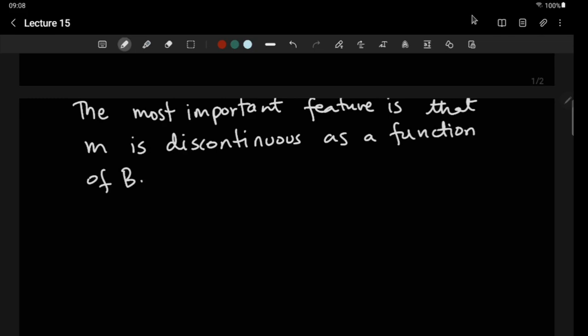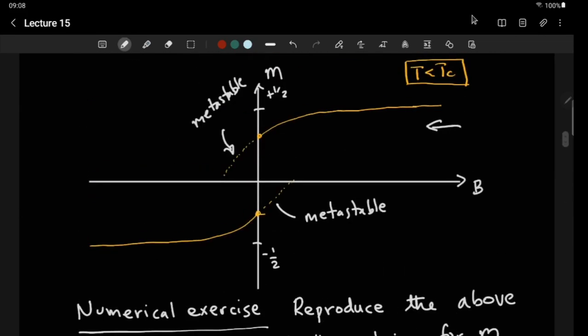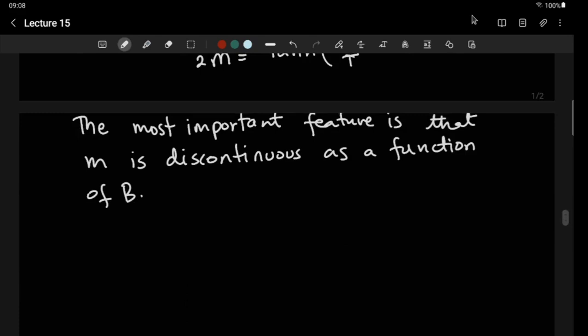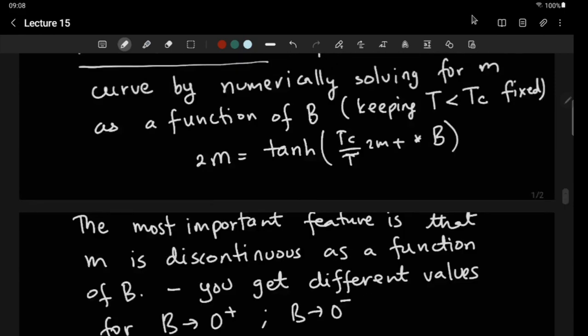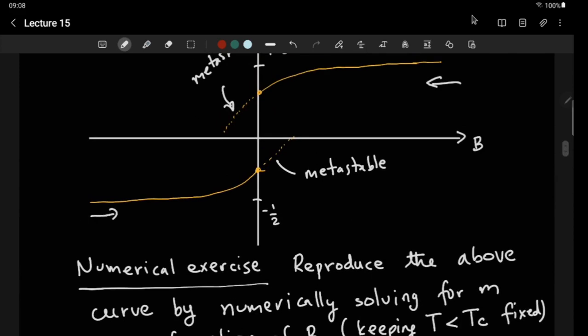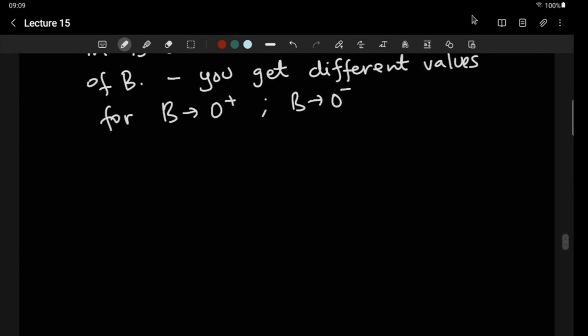You can see at b equals 0, you get different values for b tending to 0 from the plus direction and b tending to 0 from the minus direction. If you're coming from this direction, you will come to this point, and if you come from the other direction, you see that there is a discontinuity. Is this clear?